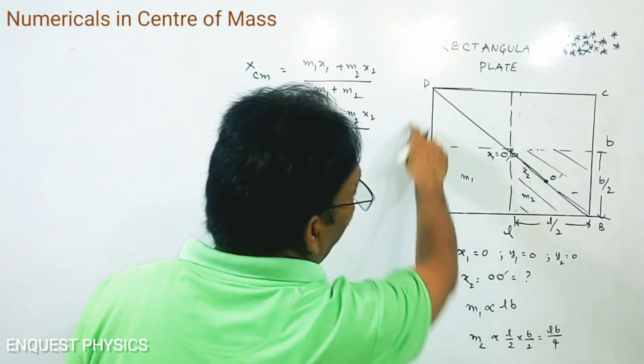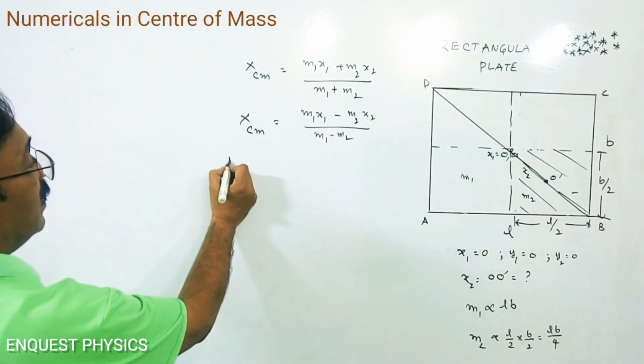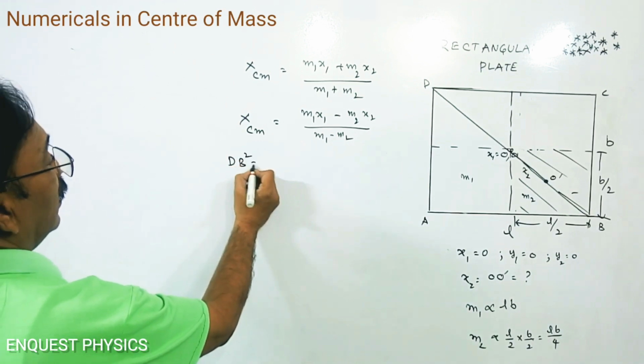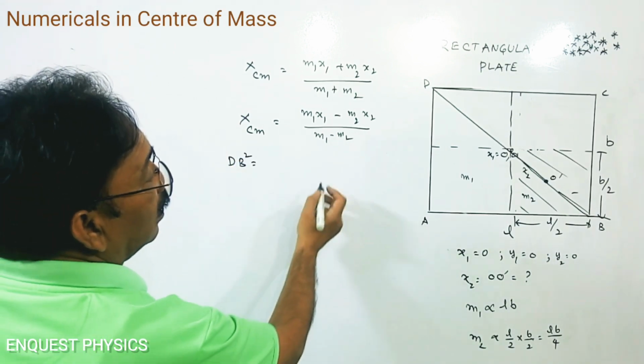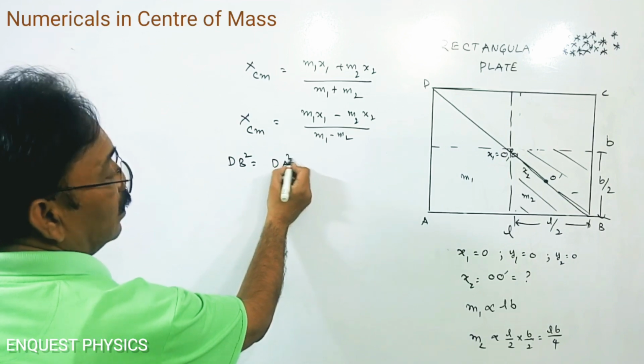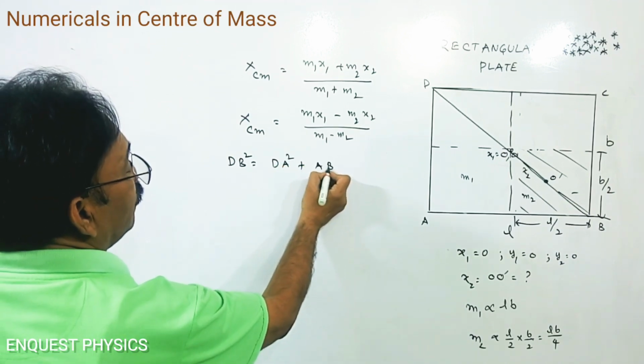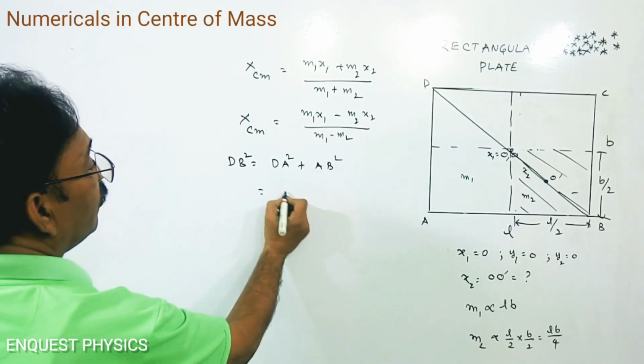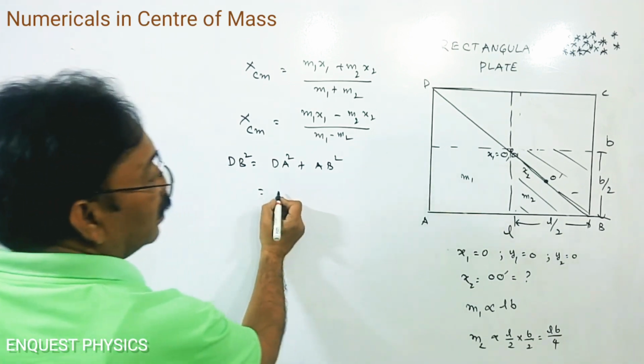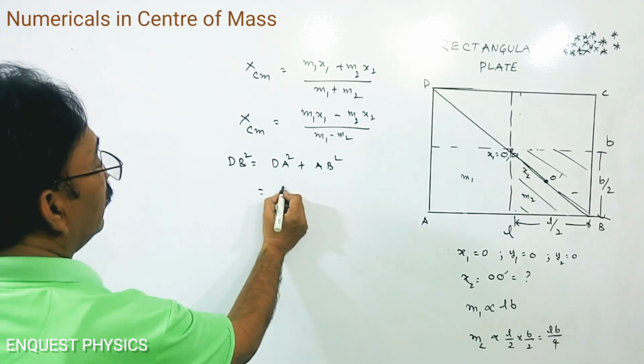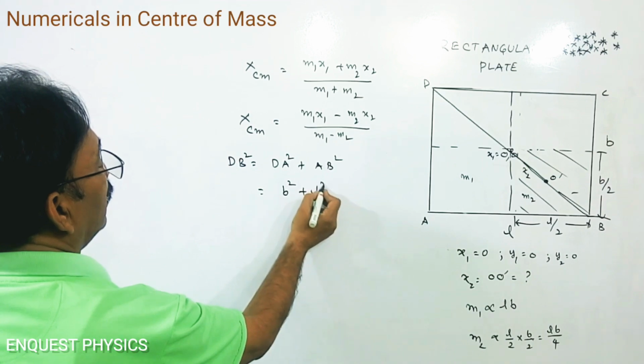In this rectangle we get a triangle here, that is DB squared can be written as DA squared plus AB squared. Same procedure we are following. It's the length and it's the breadth: DA is the breadth, B squared plus L squared.